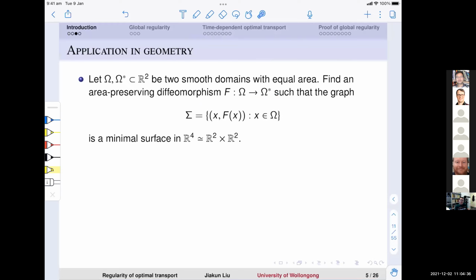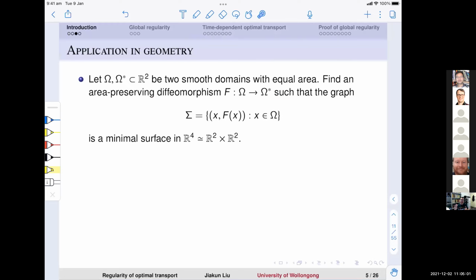However, we are looking for this diffeomorphism to satisfy two conditions. The first condition is area preserving. For the second condition, we look at the graph of such a diffeomorphism f. The graph will be a 2-dimensional submanifold embedded in R4, right? Because Omega and Omega star are 2-dimensional domains.